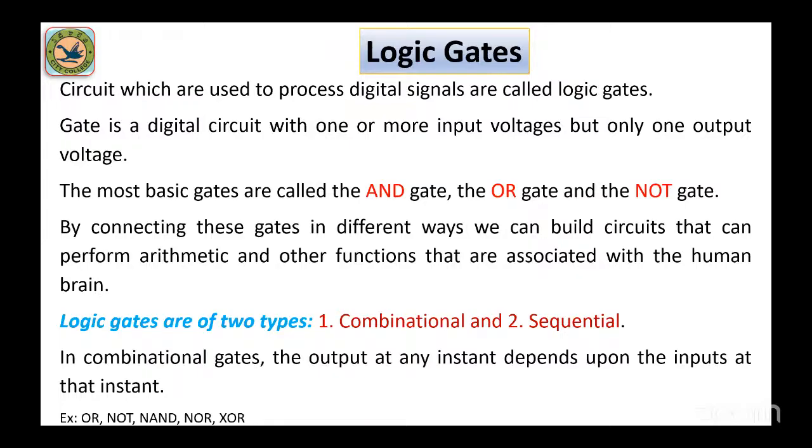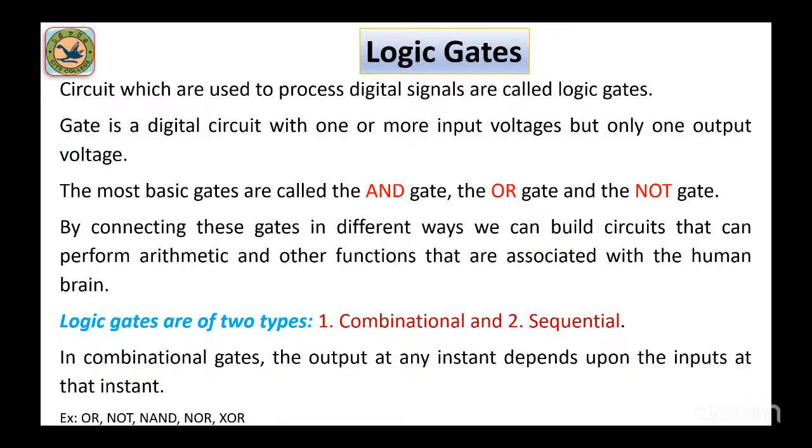Logic gates are used to process digital signals. A gate is a digital circuit which may have one or more input voltages but gives only one output voltage. The basic logic gates are the AND gate, OR gate, and NOT gate.